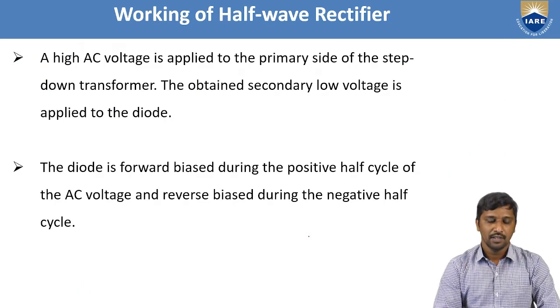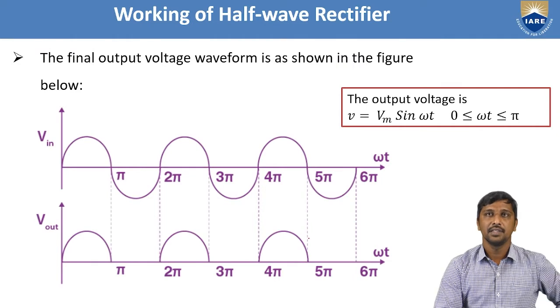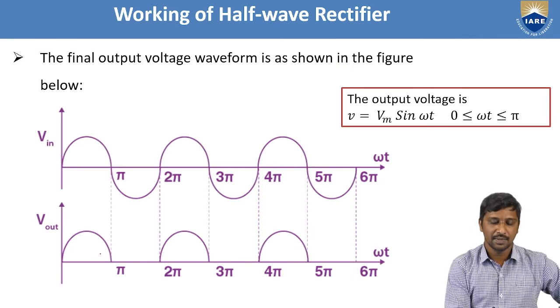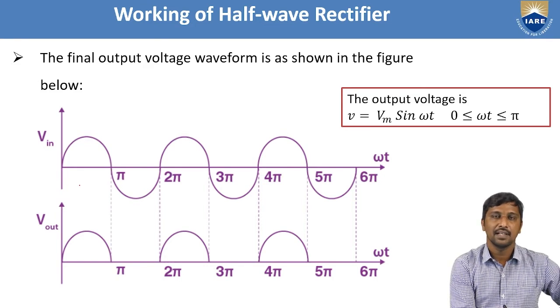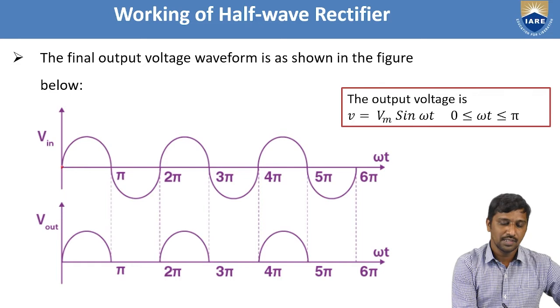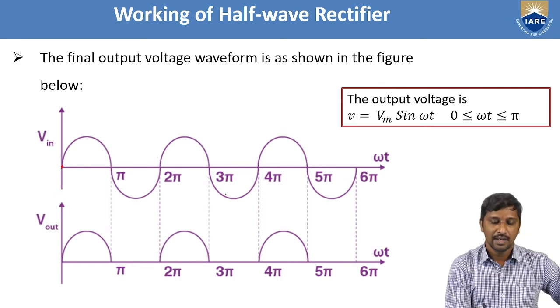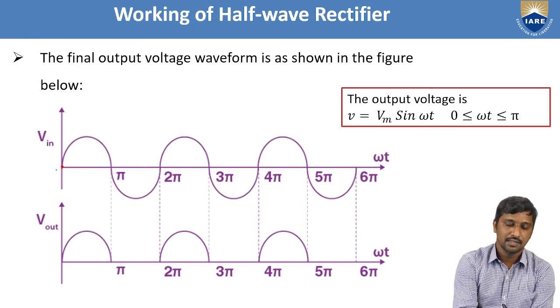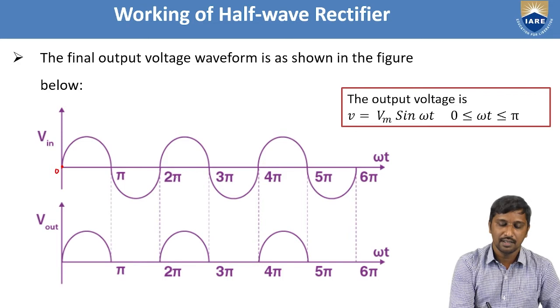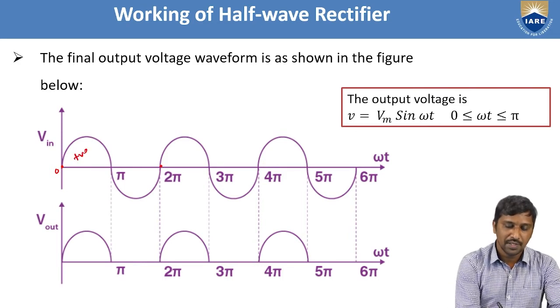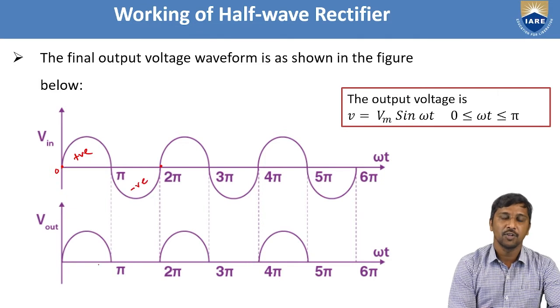From that point, let us consider the output waveform. Here I represented the first graphical representation, which is the input signal. Here I consider different clock cycles, such as the 0 to 2 pi duration. This is the positive peak duration and this is the negative peak.